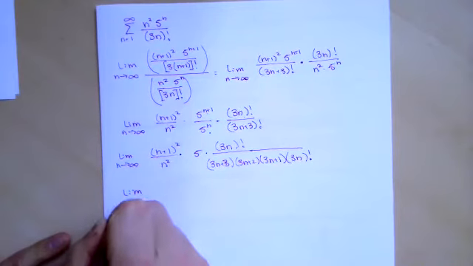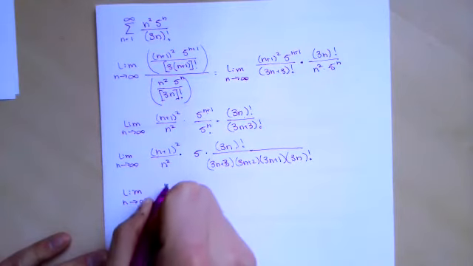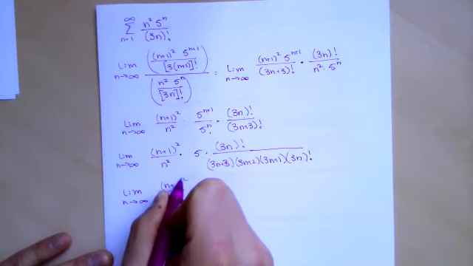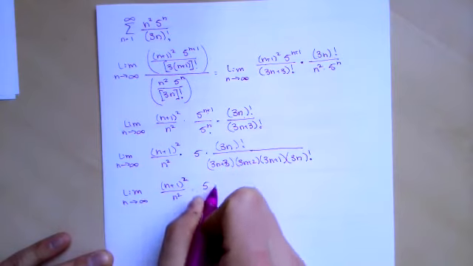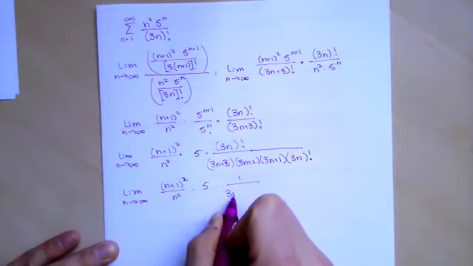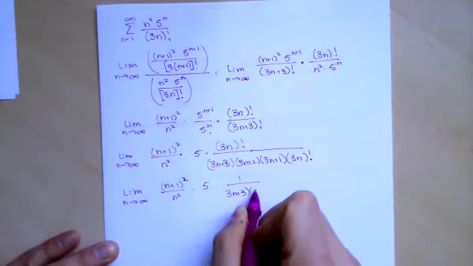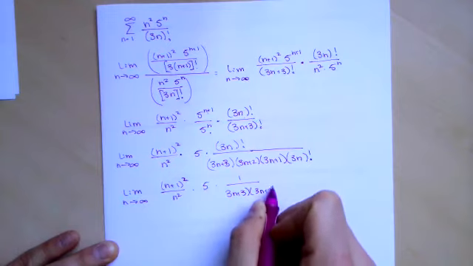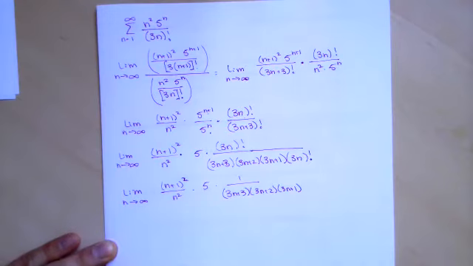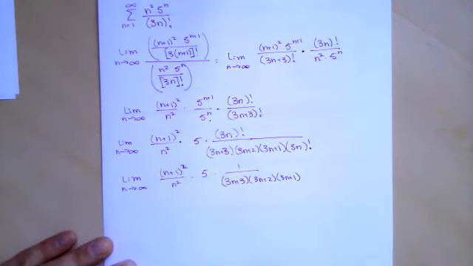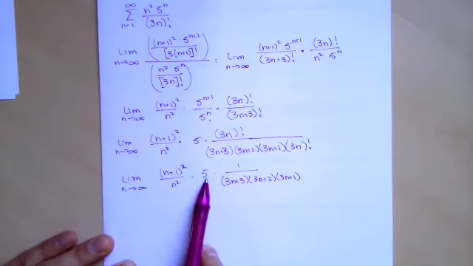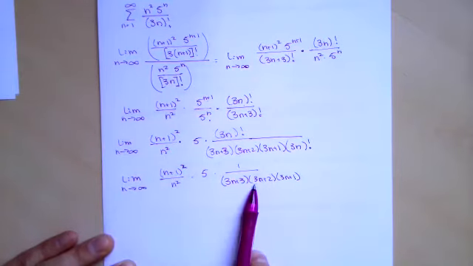We're left with the limit as n goes to infinity, again, of (n plus 1) squared over n squared times 5 times 1 over (3n plus 3)(3n plus 2)(3n plus 1). And now as n goes to infinity, we'll have 1 times 5 times 0.